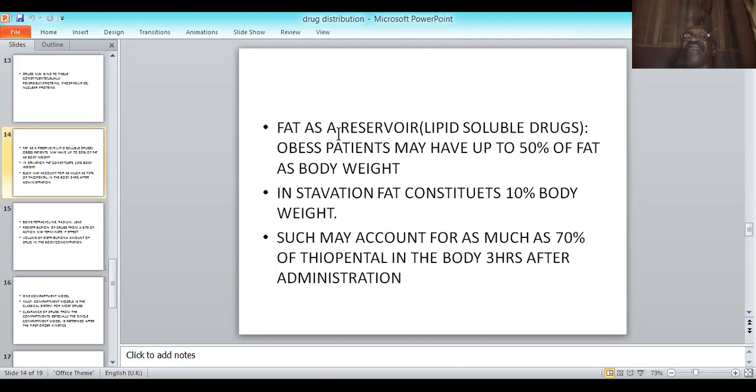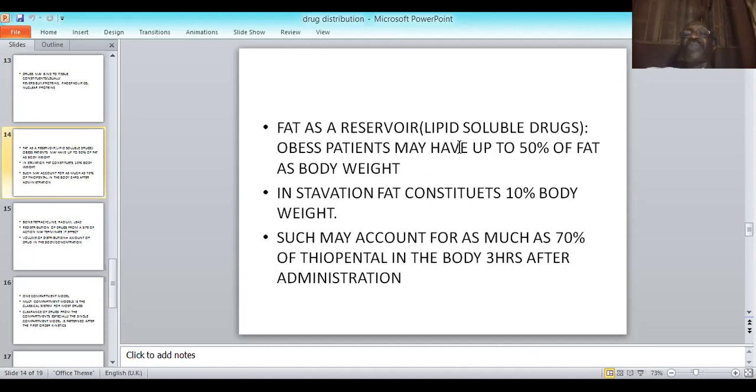Now, fat acts as a reservoir for lipid-soluble drugs. Lipid-soluble drugs have the tendency of partitioning into fat. And we should know that obese patients may have up to 50% of fat as body weight.